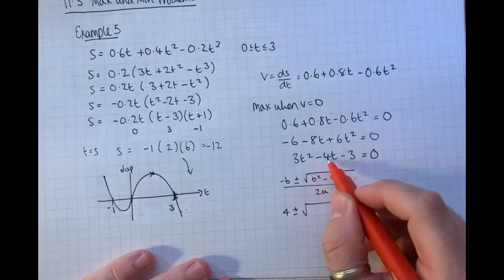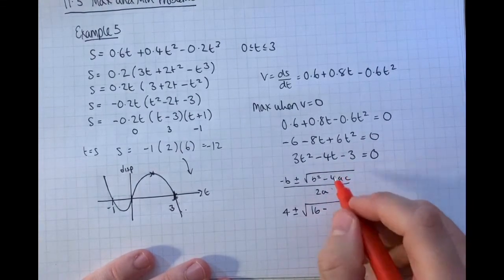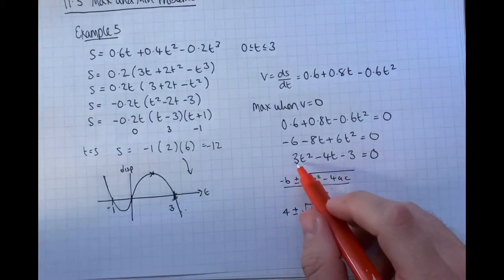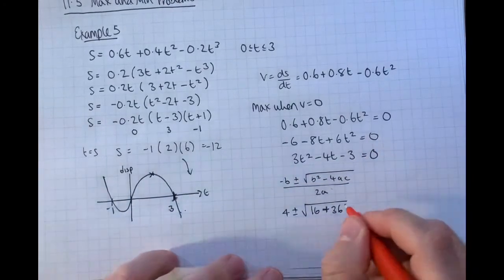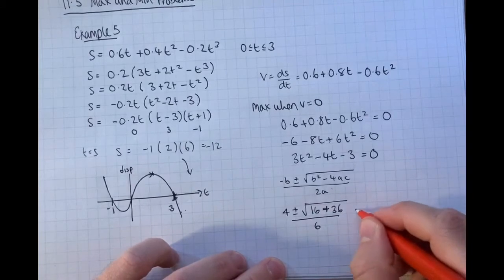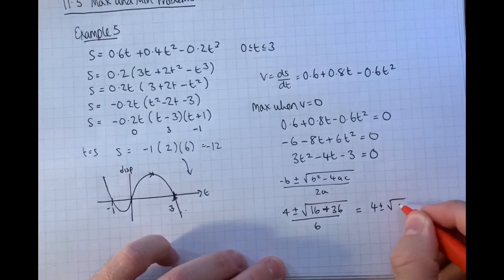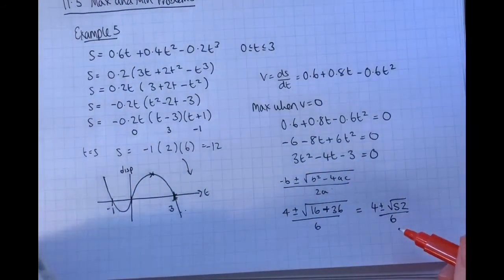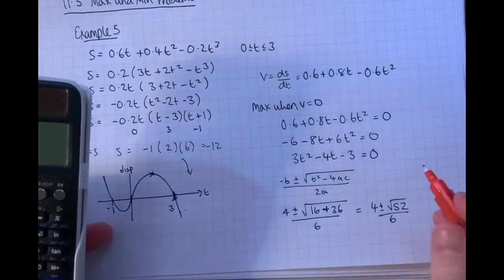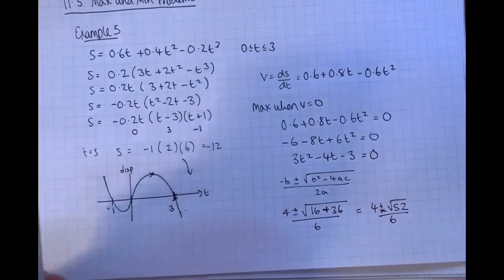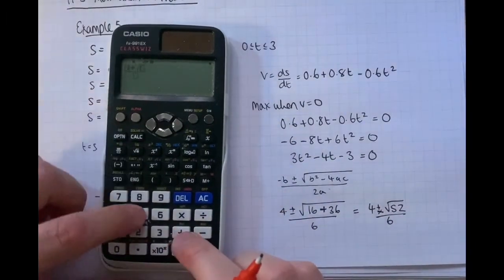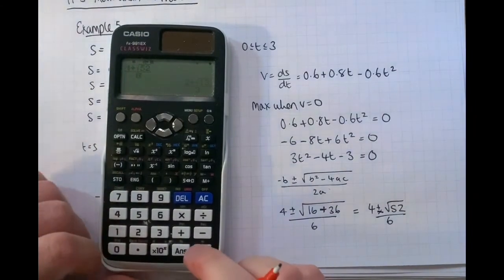Minus 4 squared is 16, minus 4 times 3 times minus 3 is plus 36, all over 6. So it's 4 plus or minus root 52, all over 6. The square root of 52 is 7 and a bit. Time can't be negative, so you're only going to have one solution: 4 plus the square root of 52, all divided by 6.